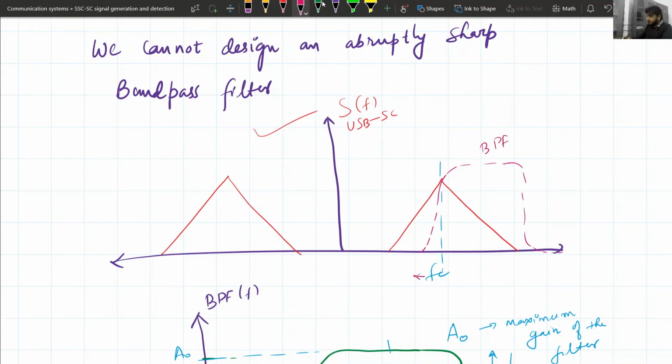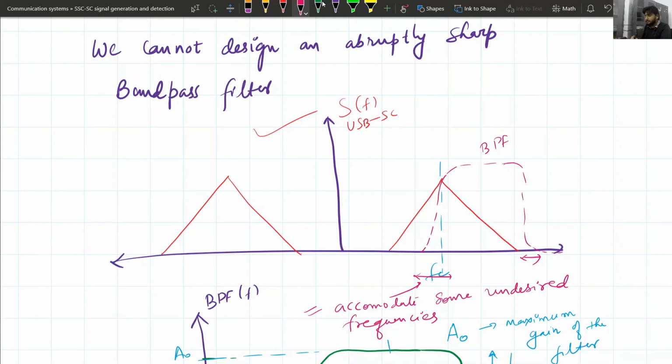Then you can see it will accommodate some undesired frequencies.